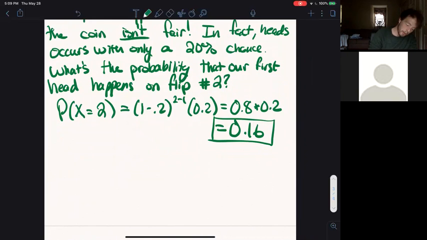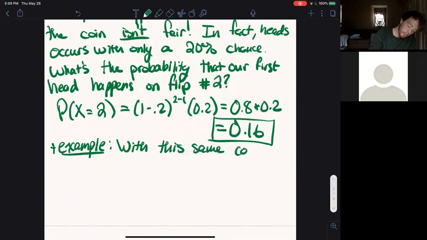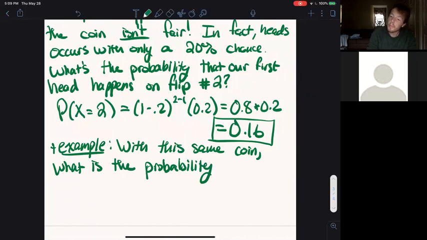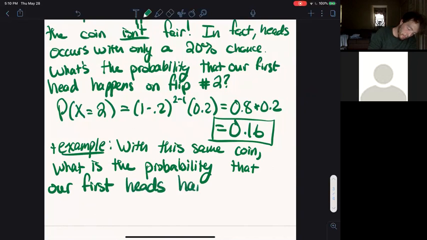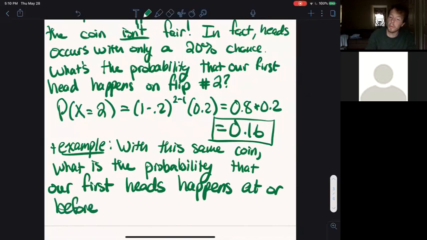So, next example. With the same coin, so the unfair one, what is the probability that our first heads happens at or before the third flip?